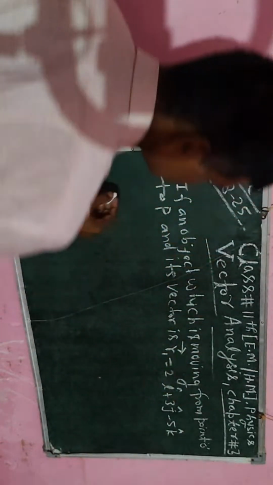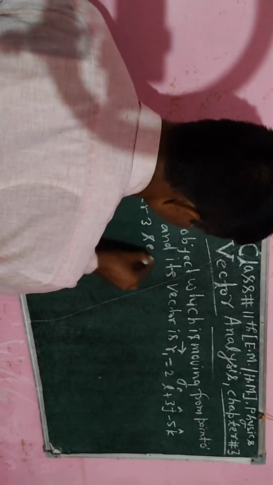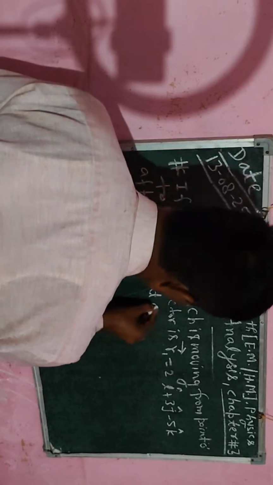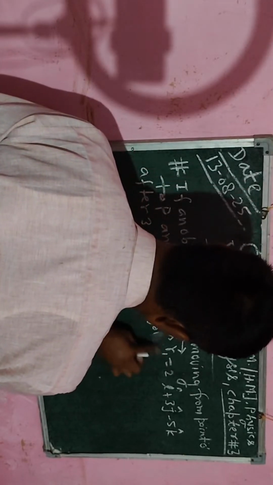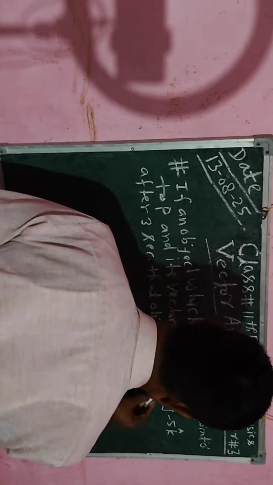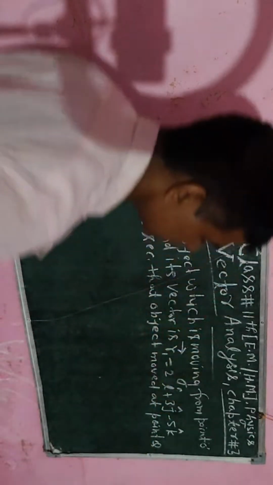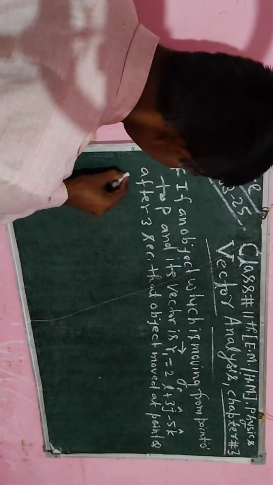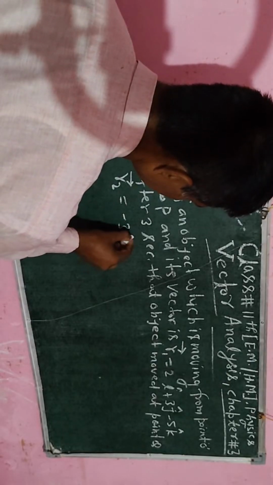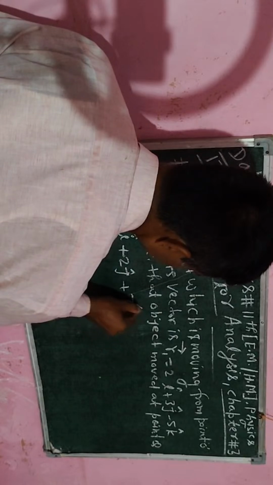Now after 3 seconds, that object moved to point Q. So the position vector will be R2 equal to minus 3 i cap plus 2 j cap plus 7 k cap.